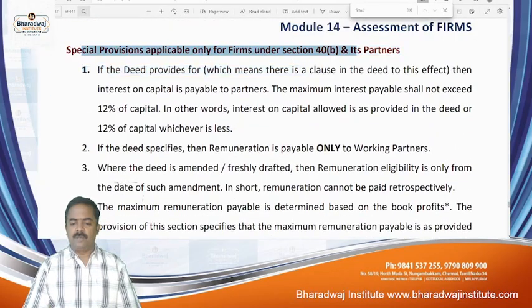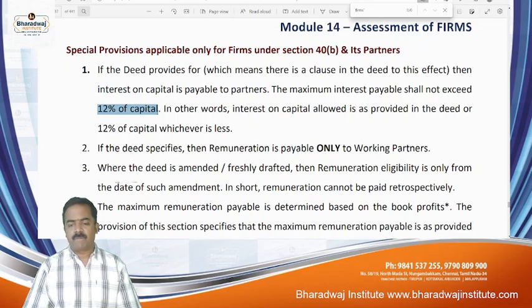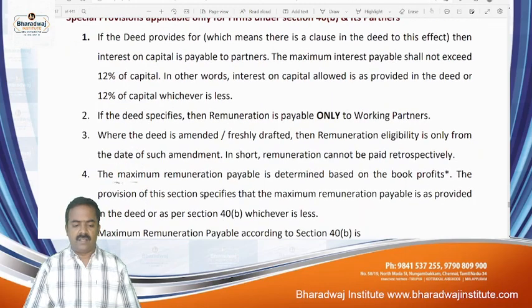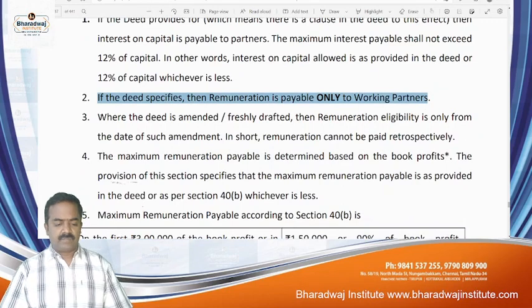Specific provisions applicable for partnership firms. If the deed provides interest on capital payable to partner, what is the maximum interest? 12% of capital. It can be allowed up to 12% of capital. If the deed provides, then remuneration is payable only to working partners.